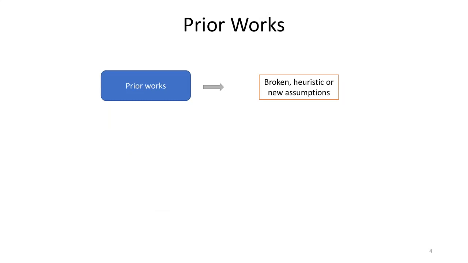I'm just going to say that before our work, existing constructions either ended up being broken, or some of them survived intense cryptanalytic efforts, but they do not have any provable security guarantee. The only guarantee that we have is that we haven't been able to break them.